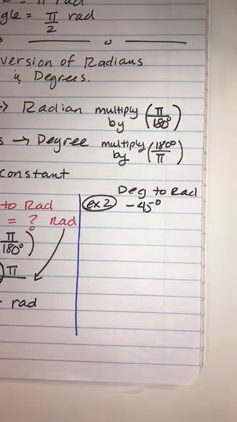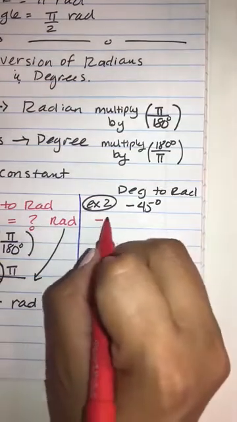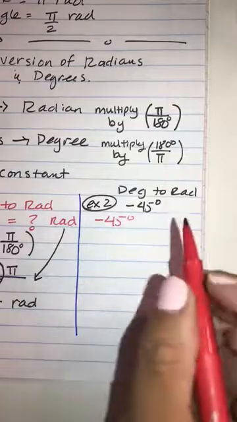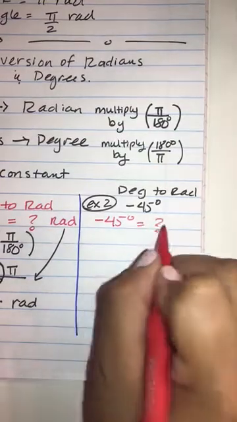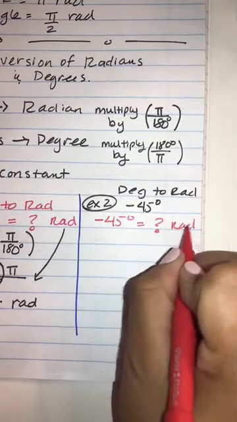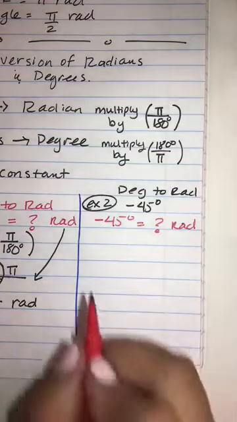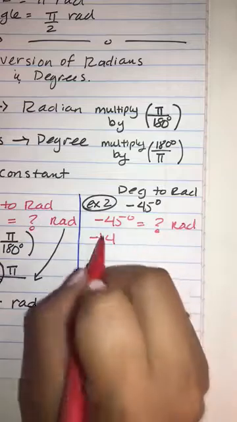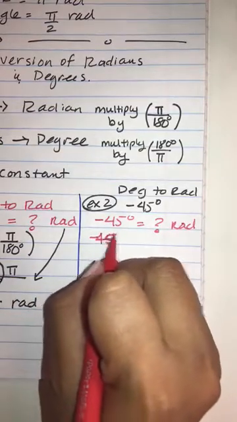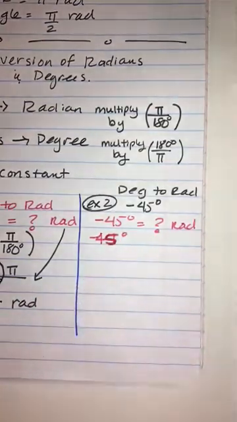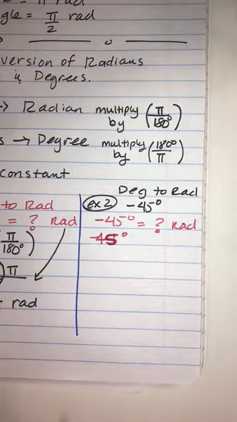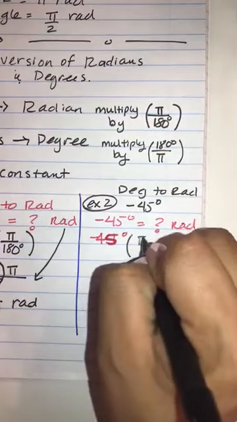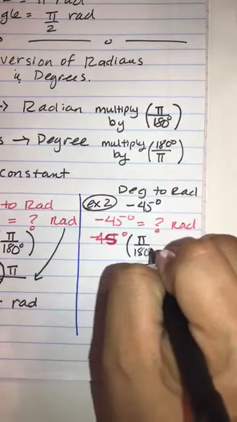So you're going to say negative 45 degrees is equal to some unknown radians. And say negative 45 degrees multiplied by pi over 180.